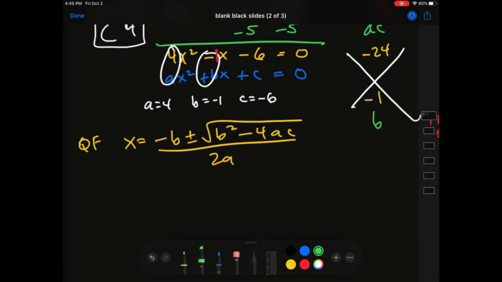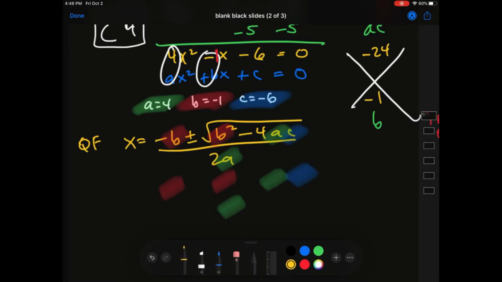Good. So a is 4, another a right there, and then my b value is negative 1, and my c value is right there. Okay, let's substitute that in.